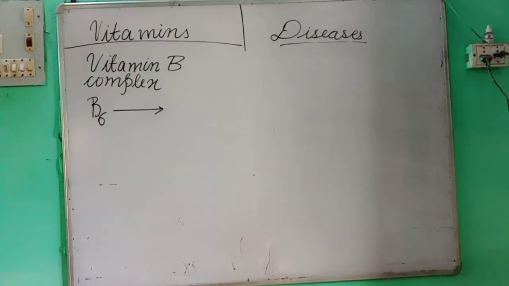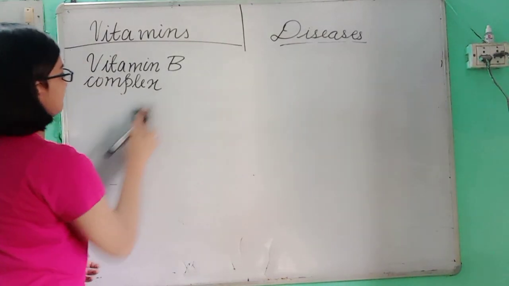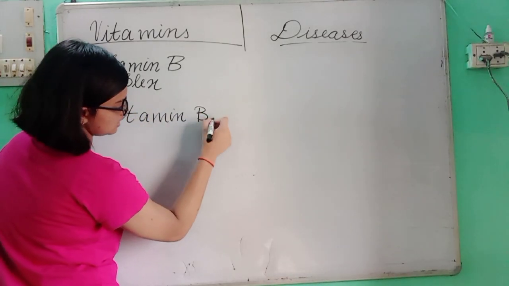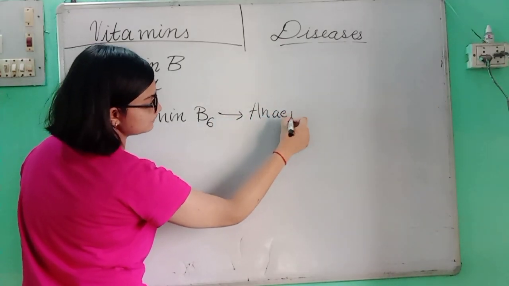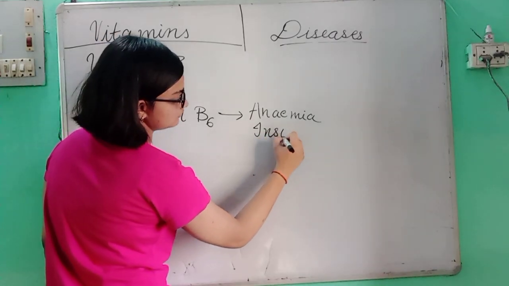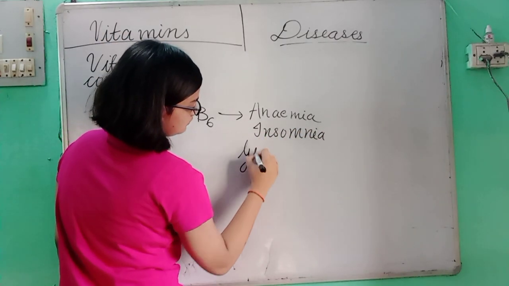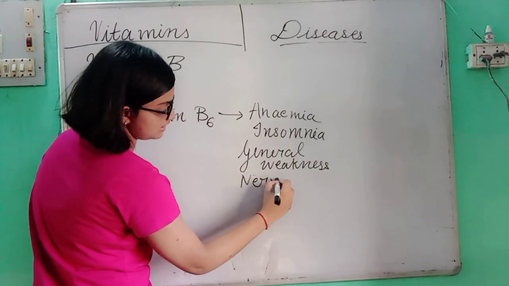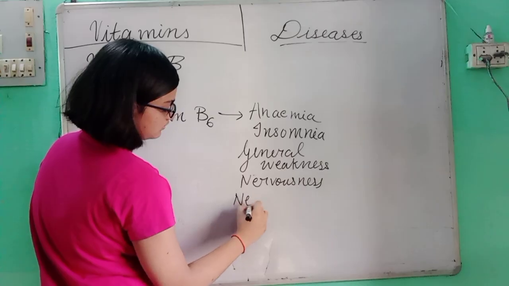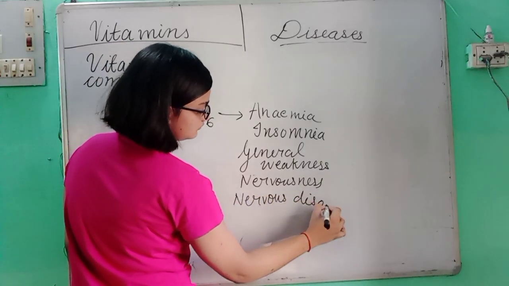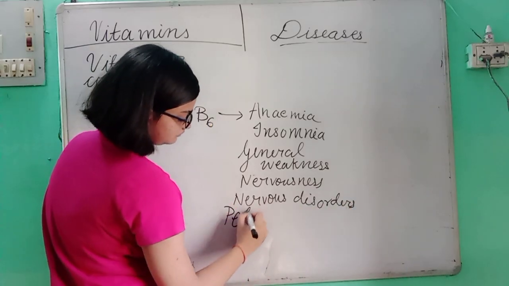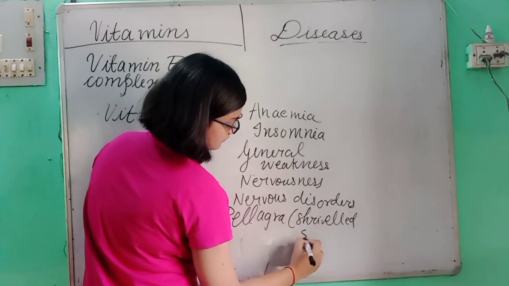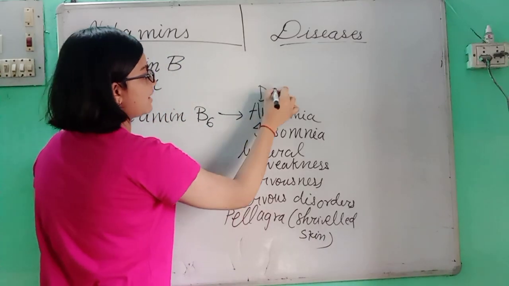So let us move on to vitamin B6. For vitamin B6 we have anemia, insomnia, general weakness, nervousness, nervous disorder, pellagra, that is shriveled skin, and also dermatitis in rats.